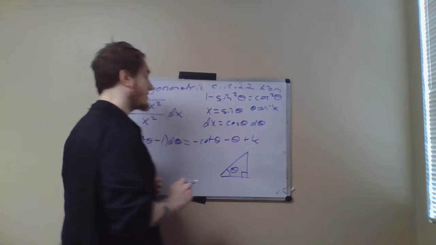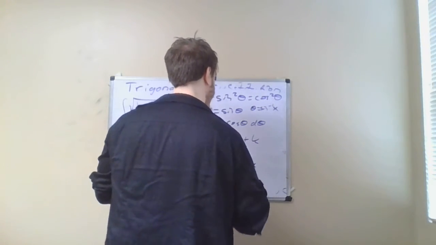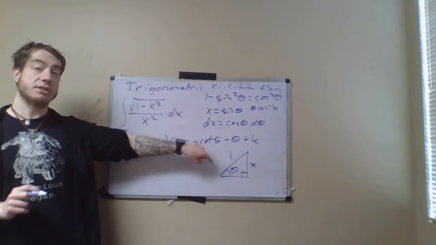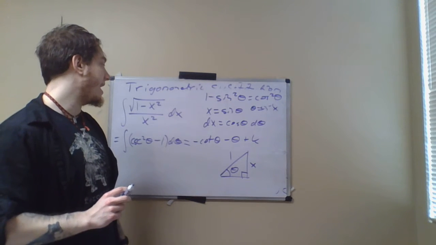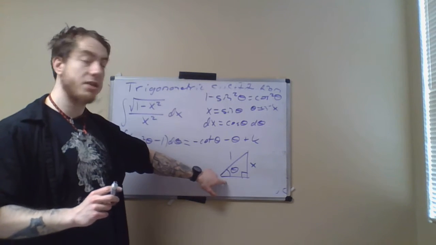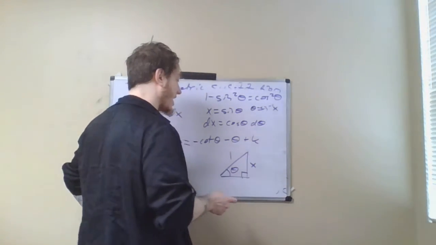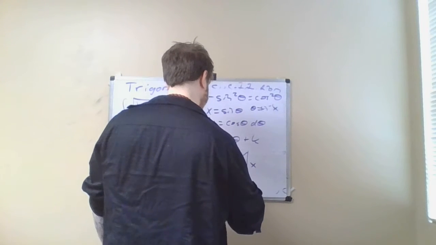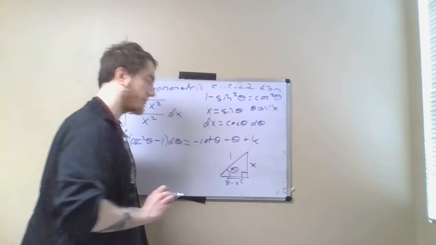If x is the sine of theta, then if I make this side x and this side 1, x is, in fact, the sine of theta. And then I can ask, okay, so what is the cotangent of this angle? Well, the cotangent is adjacent divided by opposite. And adjacent divided by opposite in this case is square root 1 minus x squared.